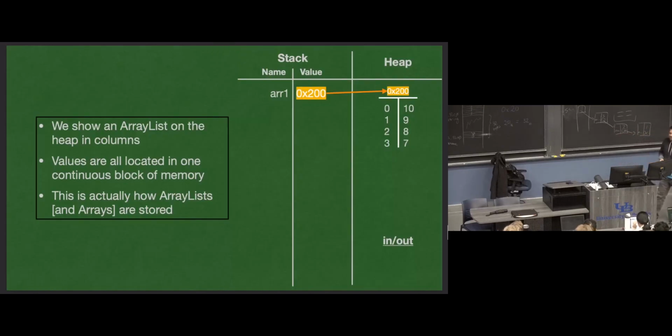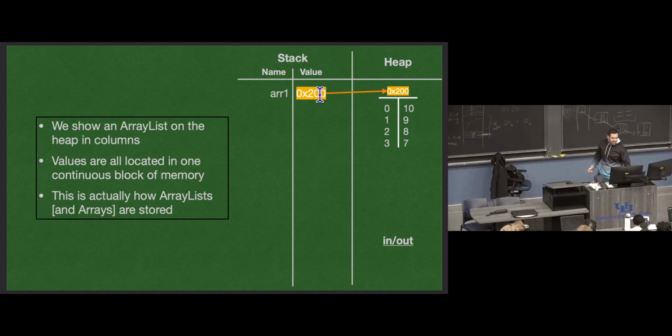And this is kind of what it looks like in memory. We'll have a reference to the first element in the array list, the beginning of the array list, the memory address of the first byte. I haven't talked too much about memory addresses. I just said 0x and then some random number and kind of left it at that. But this is one of the few times in 116 where I'll go into a little more detail.